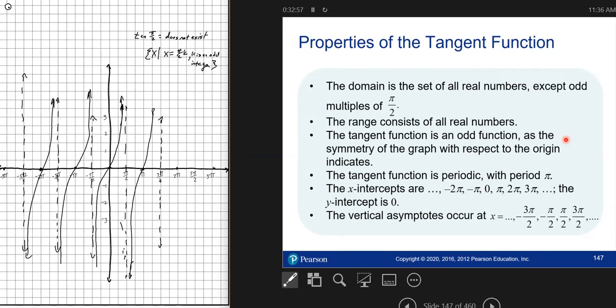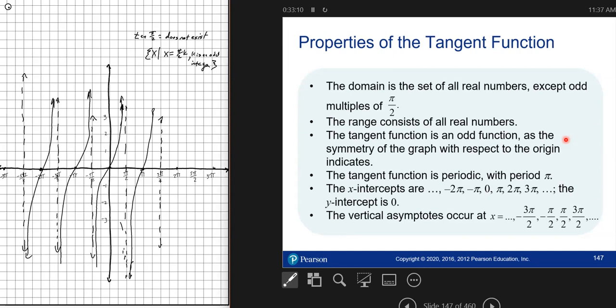Okay, so that's one way. This is saying that x can't be an odd multiple of pi over 2. There's multiple ways of writing it or saying it, but okay.